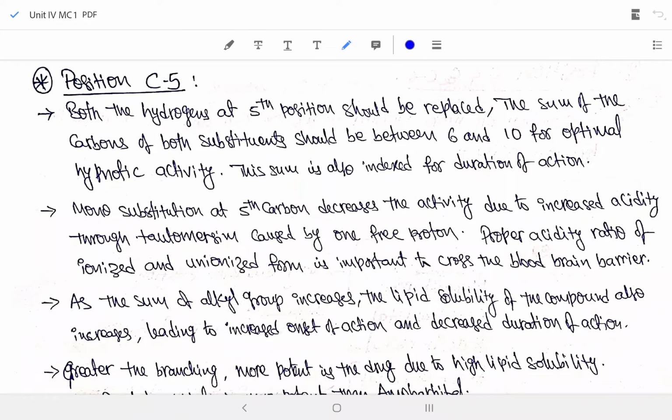The sum also determines the duration of action. So the duration of action or hypnotic activity of the barbituric acid drug depends on the alkyl substituents at the fifth position, and the total number of carbons of the two substituents combined will determine the activity. Ideally, the number of carbons in both side chains cumulatively should be between 6 and 10.